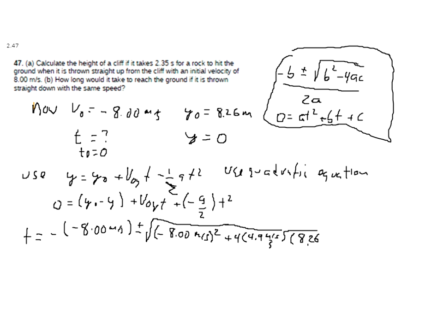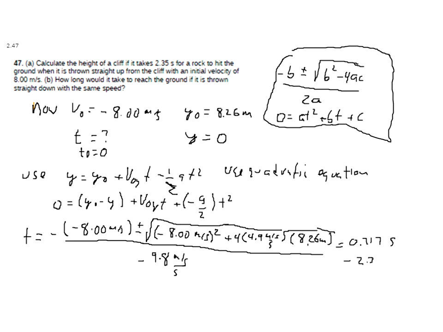Times 8.26 meters, all that divided by negative 9.8 meters per second squared. And we are going to get two values, 0.717 seconds and negative 2.35 seconds.